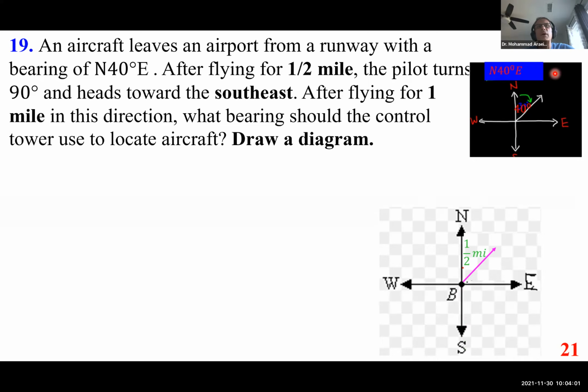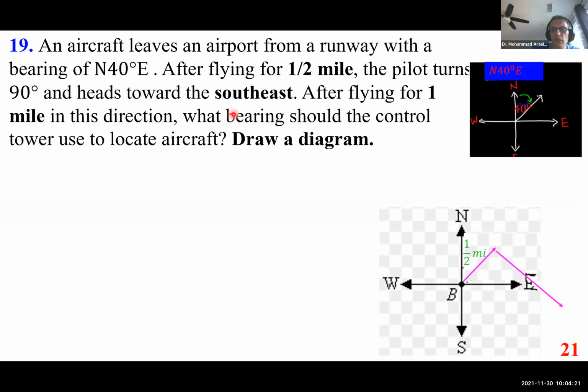The pilot turns 90 degrees. So 90 degrees means like this, make a 90-degree angle. Which way, we're going to read it in a moment, but this means 90 degrees. Going south, east, so going this way.